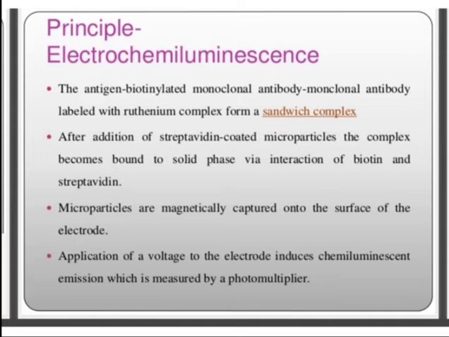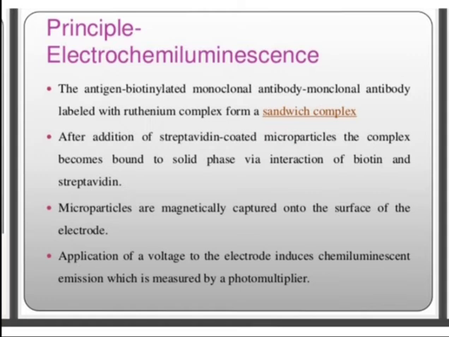Means antigen and antibody complex formation occurs there, but the monoclonal antibody is taken as a labeled compound, labeled with ruthenium complex, and it forms a sandwich-like structure. Means there is a complex formation.